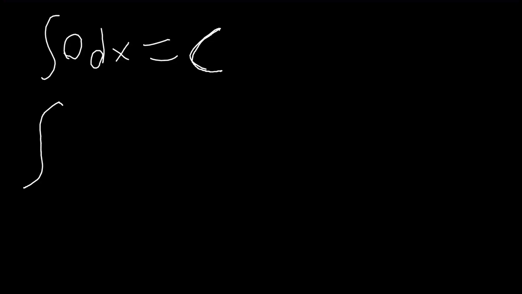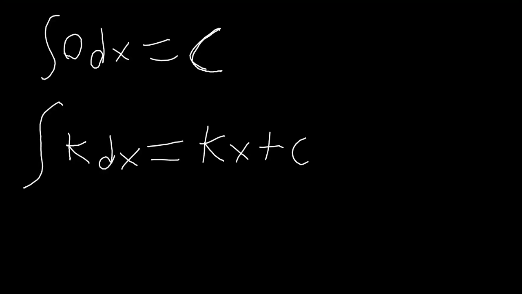Also, the antiderivative of a constant k with respect to x is just equal to kx plus c, because if we take the derivative of this, like if it were 4x plus 3, we would get just k, the constant.